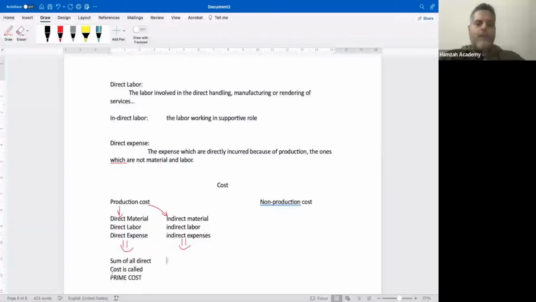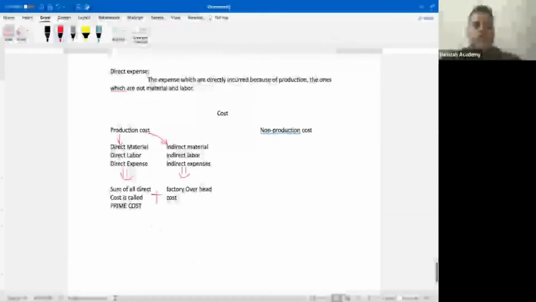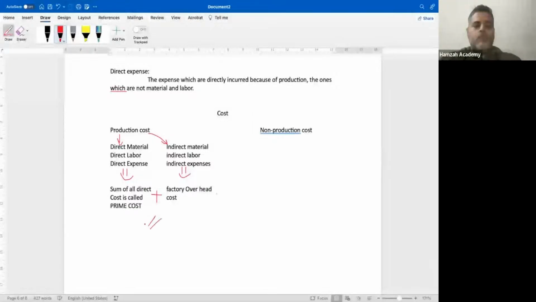Sum of all direct cost is called as prime cost. The indirect material, labor, and expenses, they are called as the factory overhead cost, right? And the sum of the prime cost and overhead cost, this all is going to be called as total production cost.